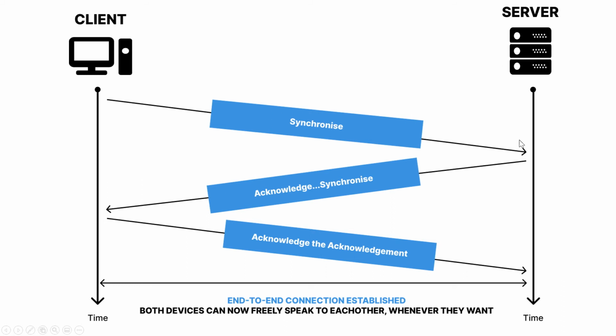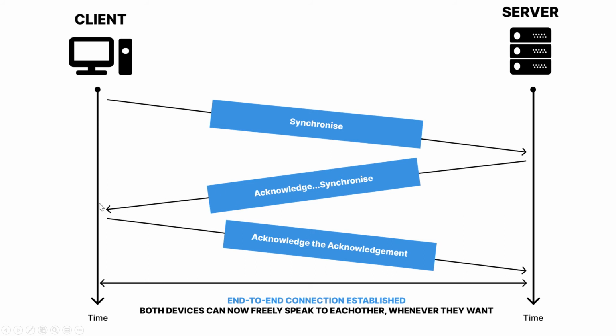The server will then receive that packet and will send its own packet, which both contains an acknowledgement of the client's desire to synchronize and also its desire to synchronize with the client.